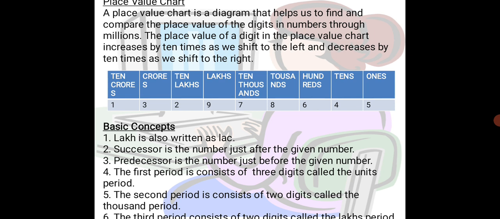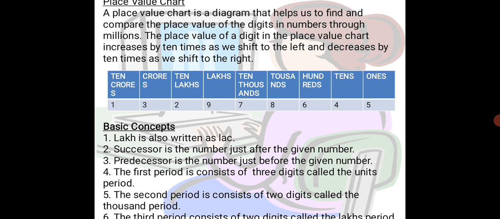Successors. What are successors? A successor is the number just after the given number, and a predecessor is the number just before the given number.